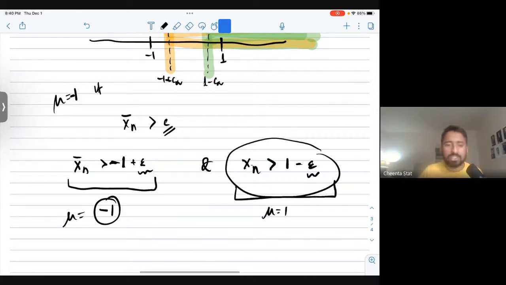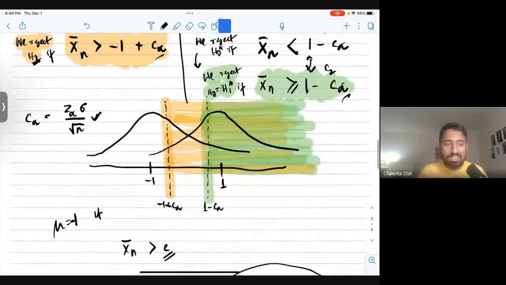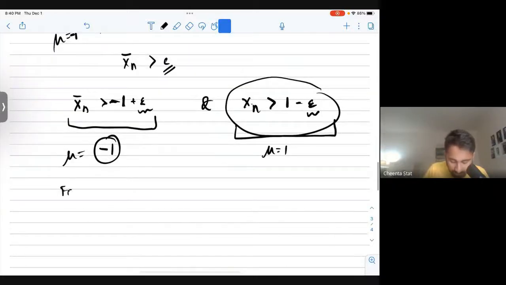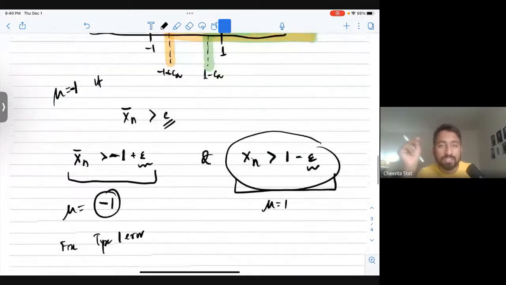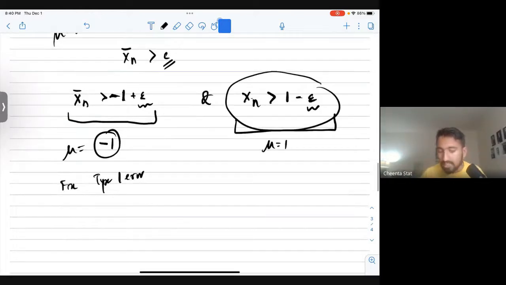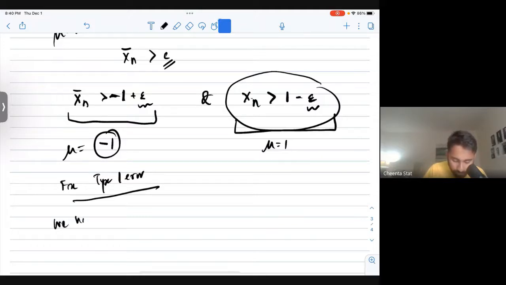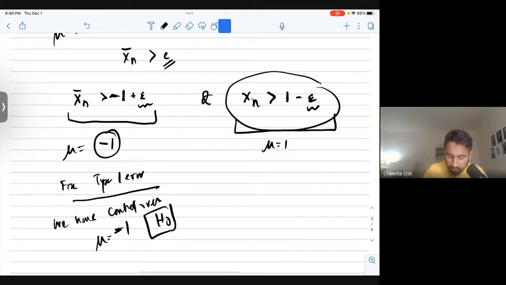Now, why is the focus shifting? If you can understand that in here we are fixing type 1 error, that means we have the control of the type 1 error. We have the control of when h naught is rejected, and here we have the control when h1 is rejected. So therefore, in this case, if we fix the type 1 error, we have control over mu is equal to -1, that is h naught.